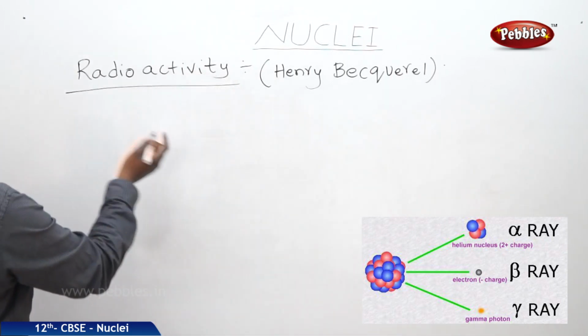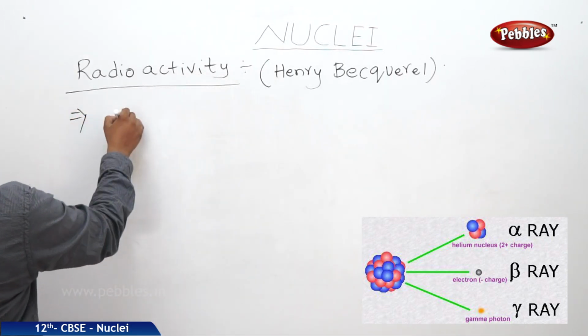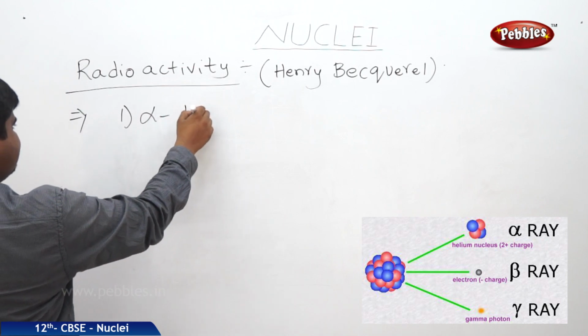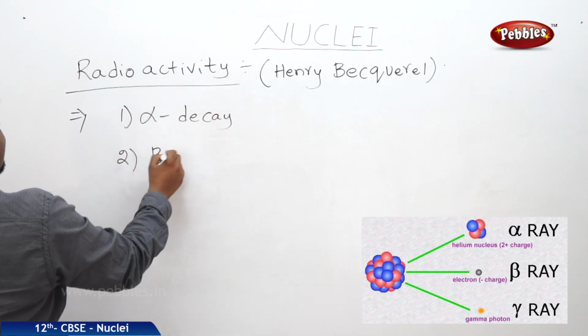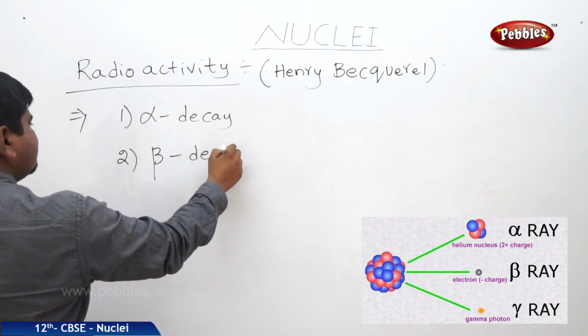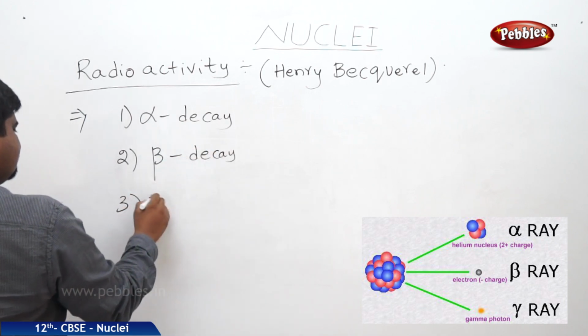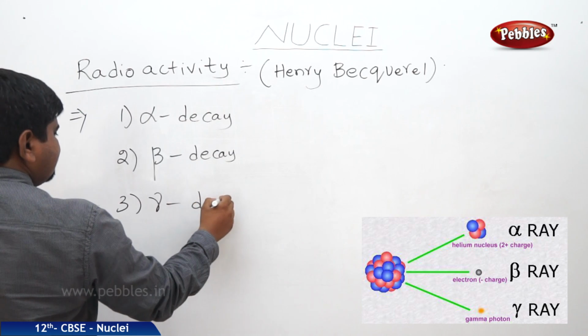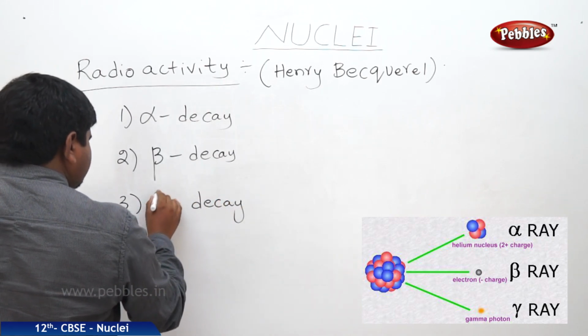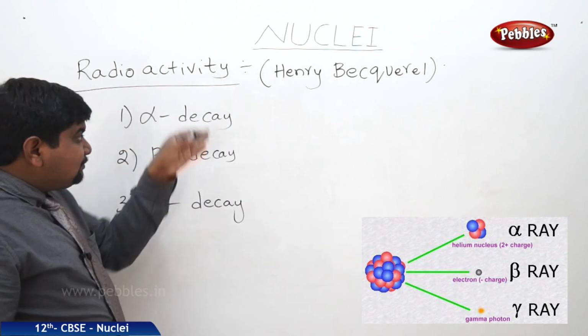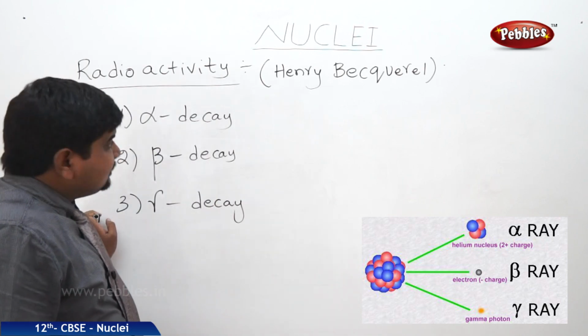Radioactivity is of three types. First one is alpha decay. Second one is beta decay. Third one is gamma decay. These are the types of radioactive decays.